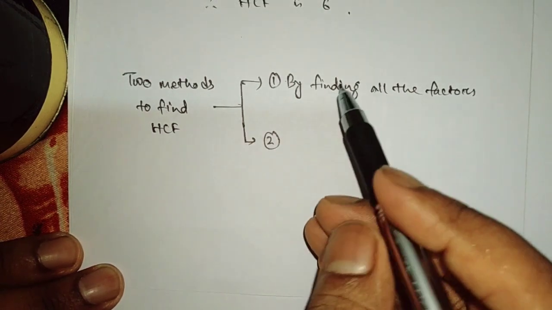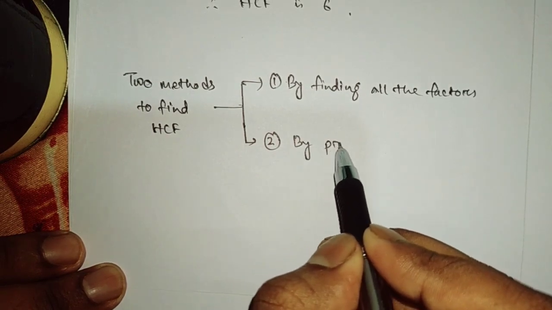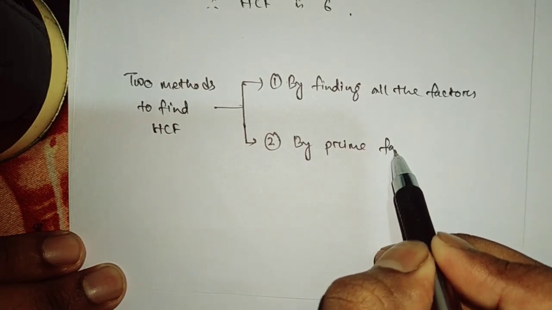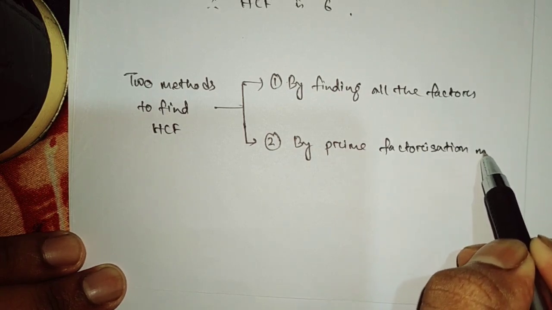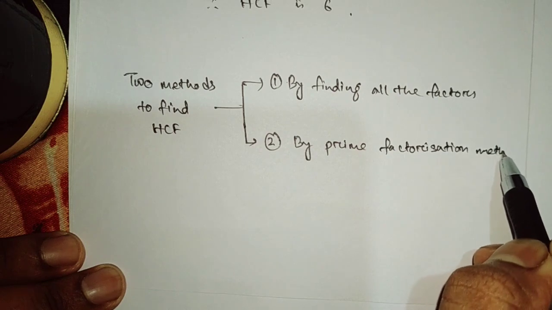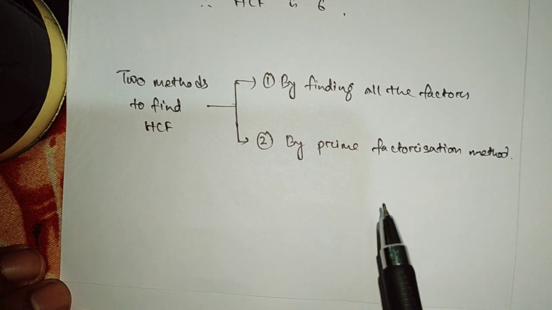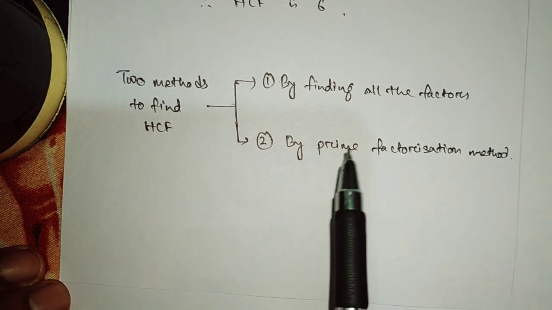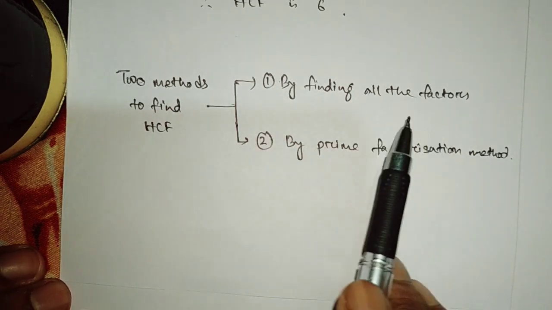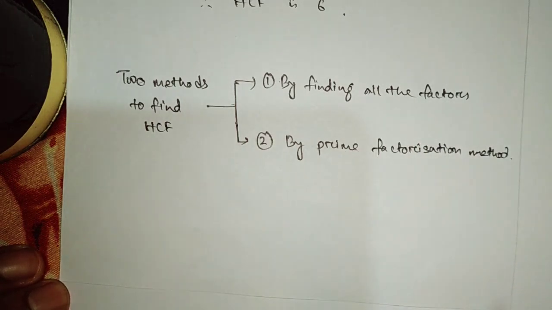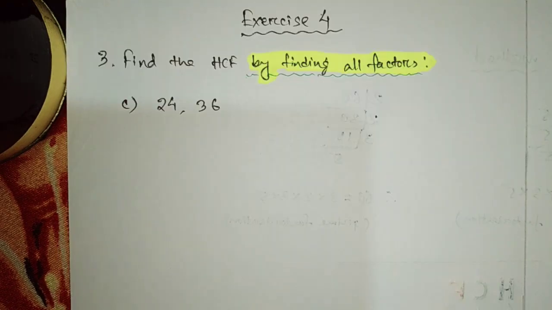And number two is the prime factorization method. Prime factorization we did in our last class, how to do prime factorization of a number. By that method also we can find the HCF, and by finding all the factors and comparing them we can also find the HCF. Okay, so let us discuss one by one.